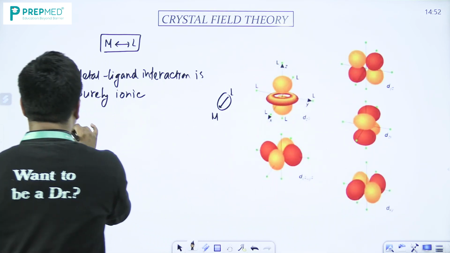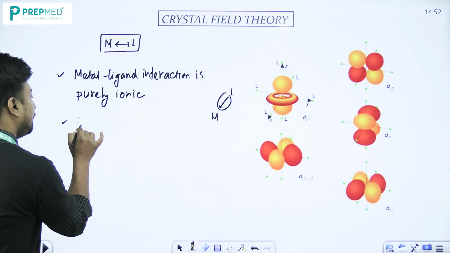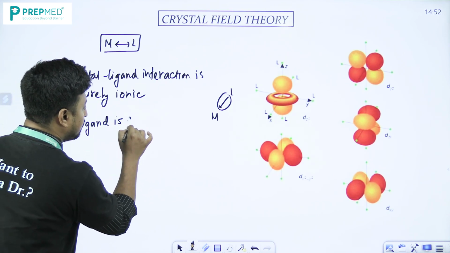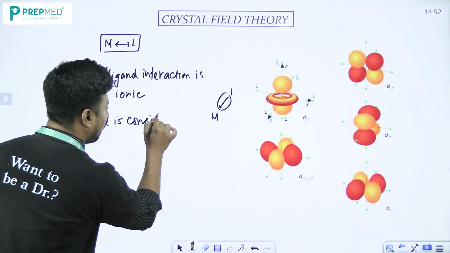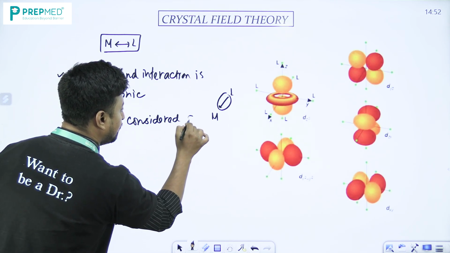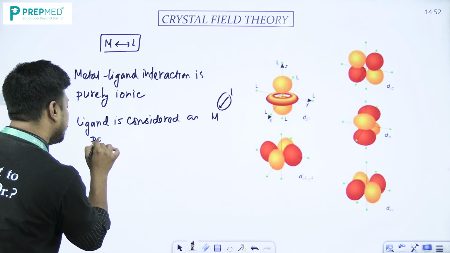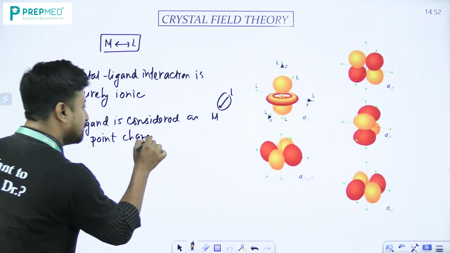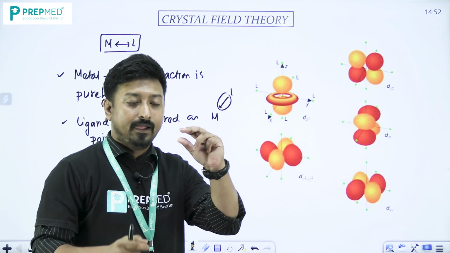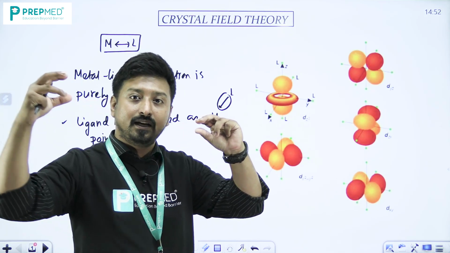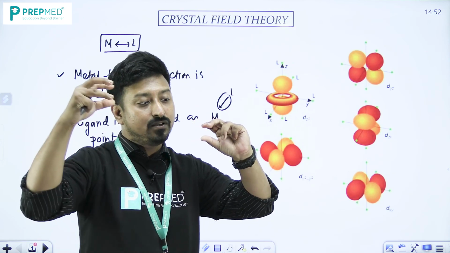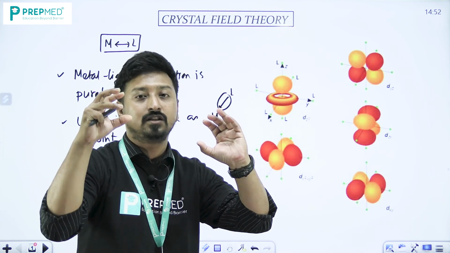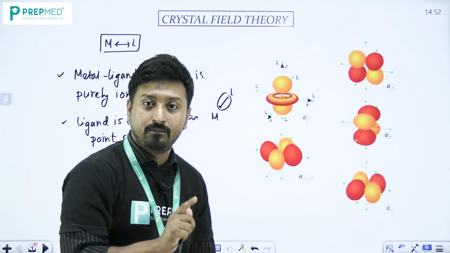Number two, another important point is that the ligand is considered as a point charge. Point charge means that when a ligand approaches the metal, it is basically a point charge, so it will be a completely charge to charge interaction. That is the important thing.